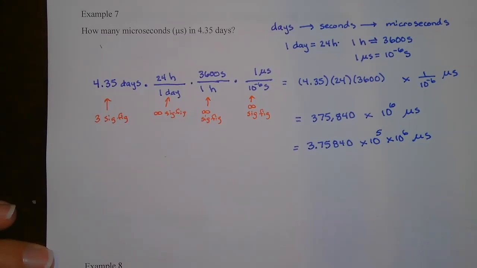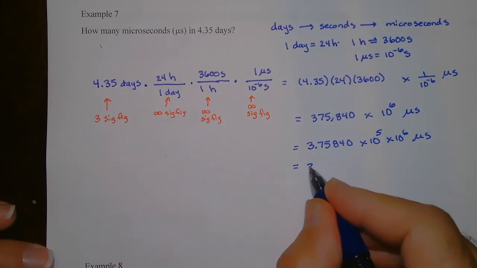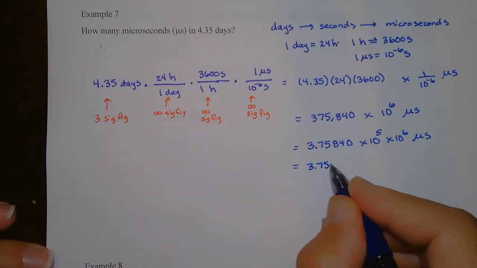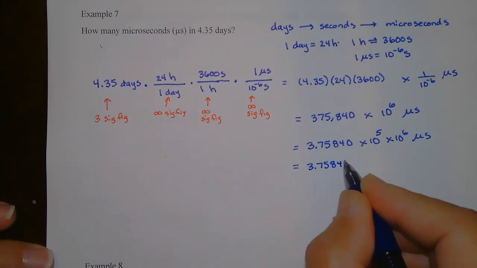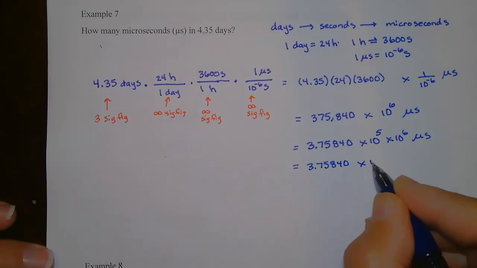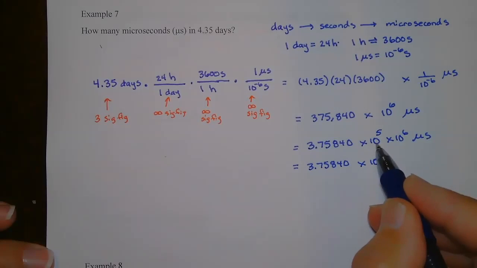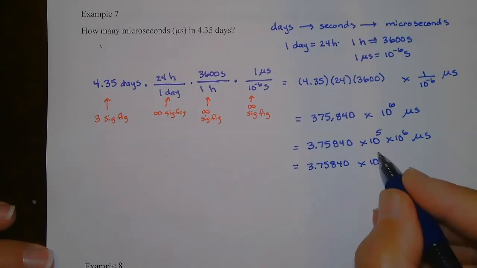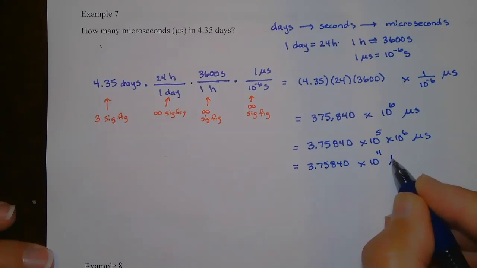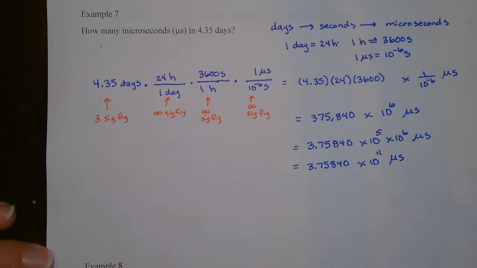Now you add these exponents, because here you're multiplying 5 of these 10s together, and here's 6, so that's 10 to the 11th power microseconds.